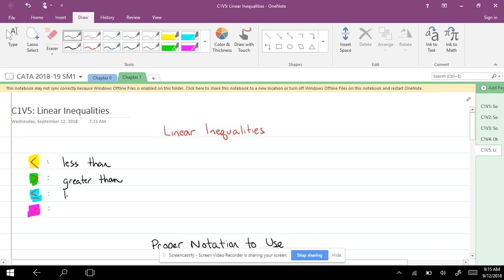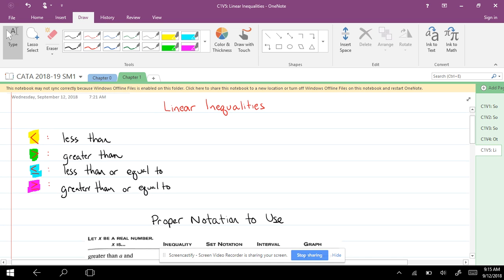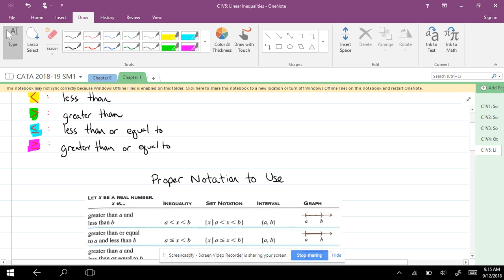And then we have less than or equal to. And then finally we have greater than or equal to. That's not necessarily something that we needed to talk about, but it's important to always recap.